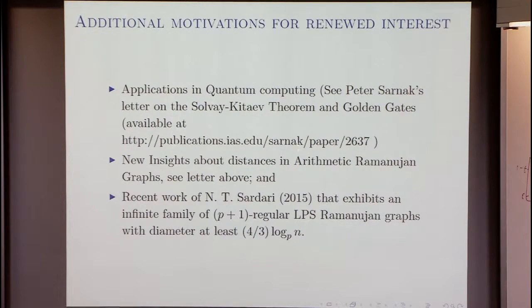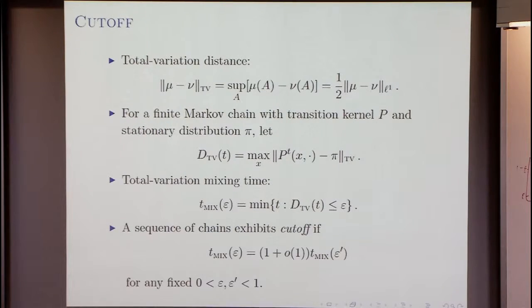I can't go into these, but you can find more information on Peter Sarnak's webpage. In particular, his student Sardari has shown an infinite family of regular Ramanujan graphs with diameter at least 4/3 times log_p n. I'll come back to how this fits into the general picture.